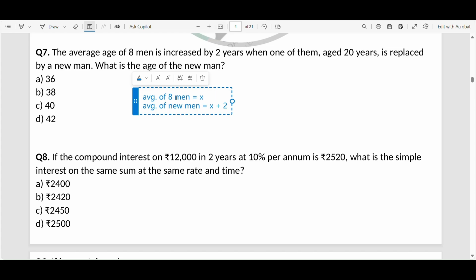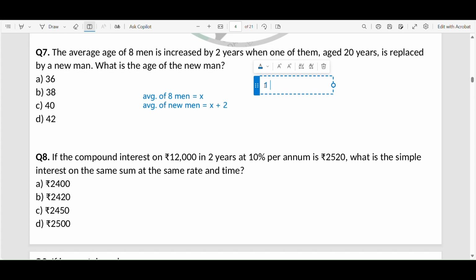See here, the average of 8 men is x, and for the new group, 2 is added. So if we consider x is the age of every person, let me consider persons 1, 2, 3, 4, 5, 6, 7, and 8.